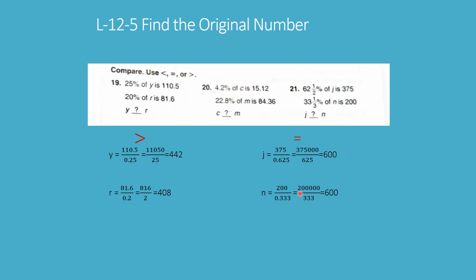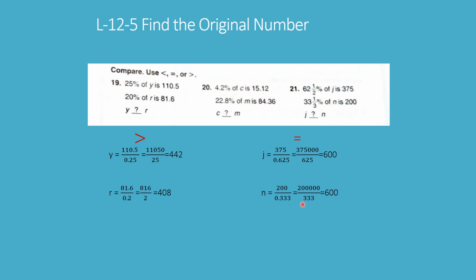The same way here, 33 1 by 3. What is the meaning of this? 33.333. Then convert into the decimal, 0.333.